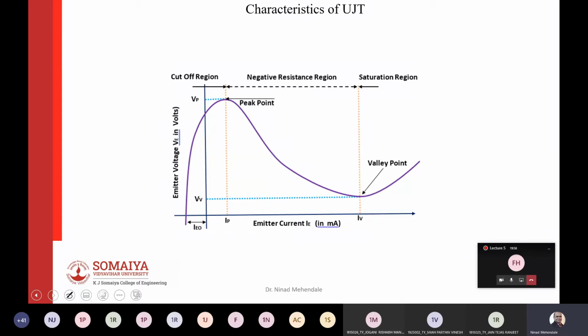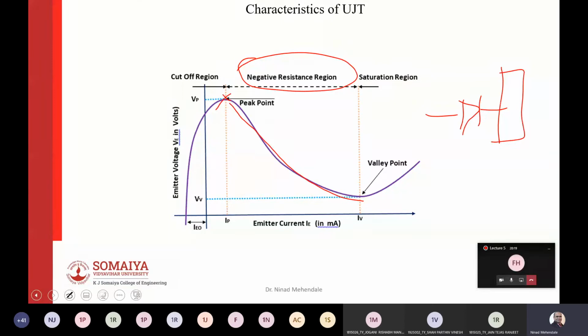If you start increasing the voltage, it will go up to the peak point, and then suddenly it hits this negative resistance region where your voltage is still increasing, but current is now decreasing because your diode has gone from off state to on state.